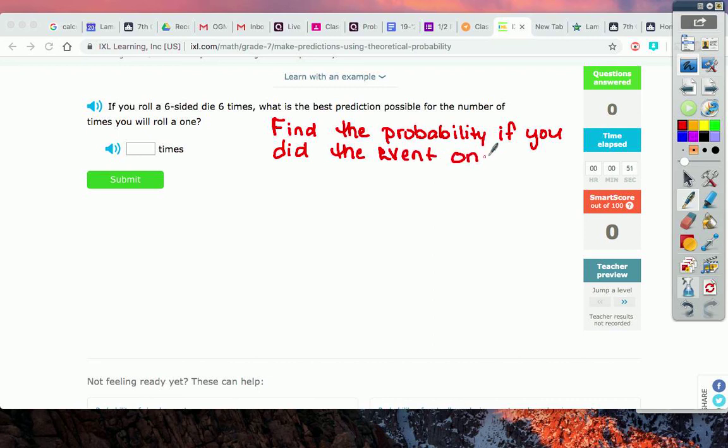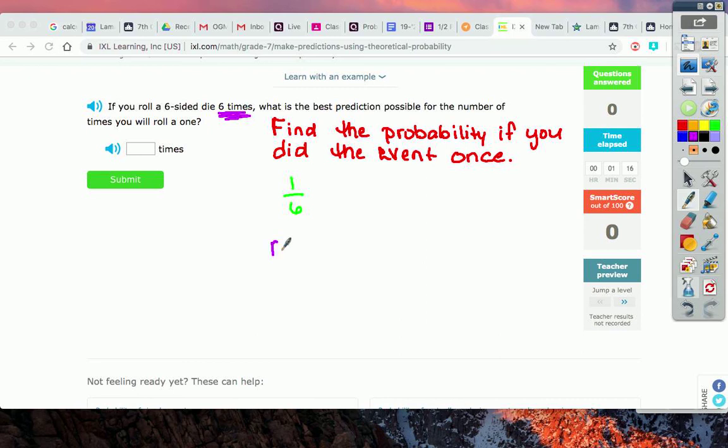If you did an event once. Okay. So if we roll that die 1 time, what is the probability that we would land on a 1? 1 out of 6. Now we're going to take that, and in our next step, we're going to do it for what we're looking for. We're looking for if we did it 6 times.